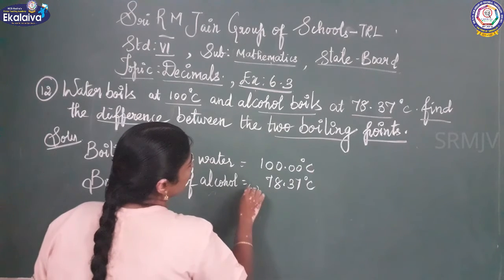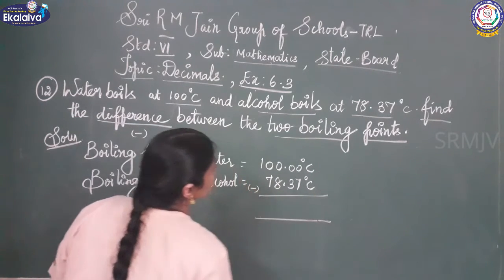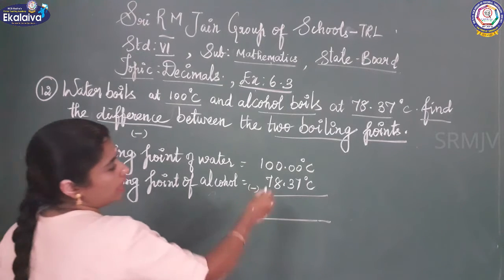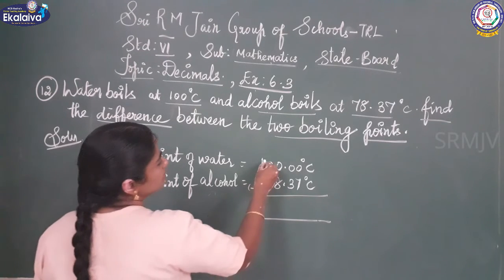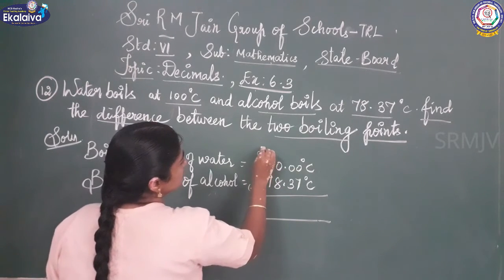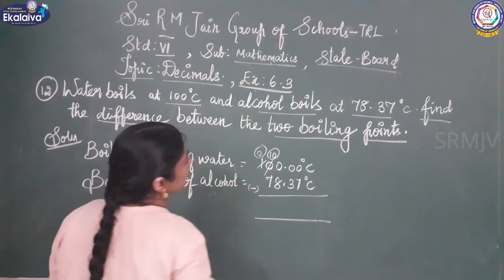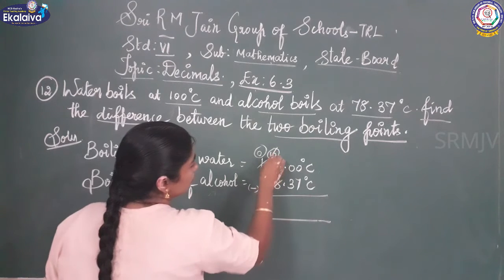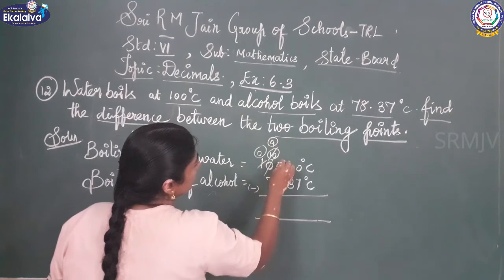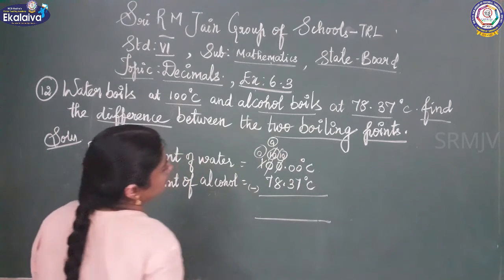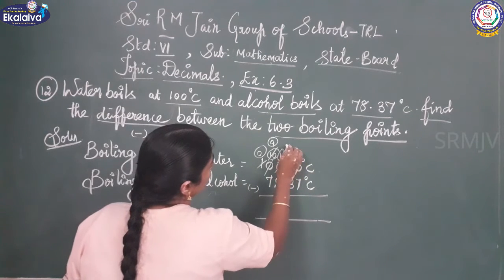Difference means I am going to subtract this. Okay. Listen. How you have to do? Borrow from 1. So this 1 becomes what? 0. Which is giving no. So for that it becomes what? 10. Again it is giving to the 0. So this becomes 9 and this is what? 10. Again it is giving to the next one.